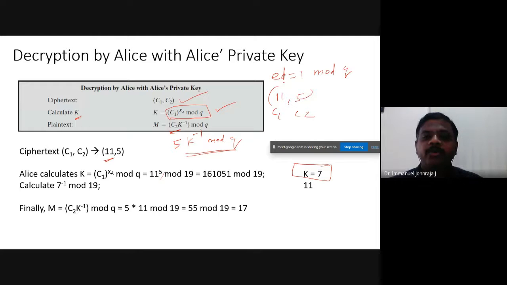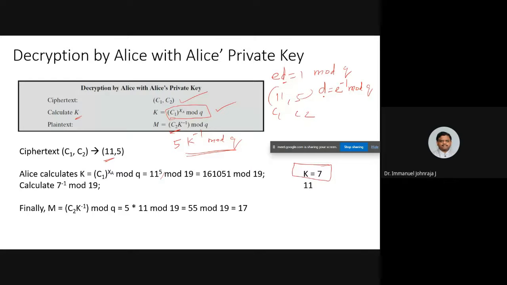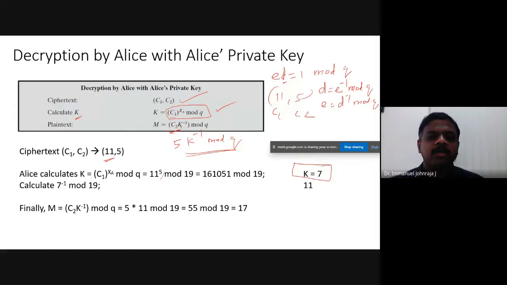If you know the value of E, then how will you calculate the value of D? D is the multiplicative inverse of E, and if you want E, you will have D inverse. Very similar to that.